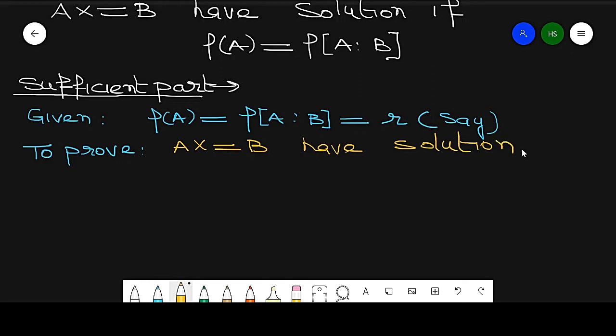So it has a solution, we can say that it is consistent.